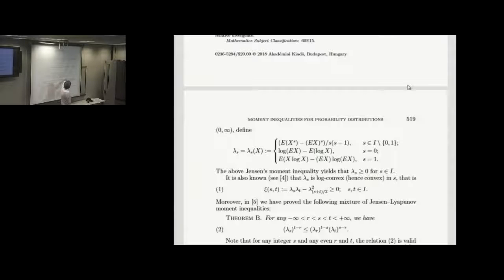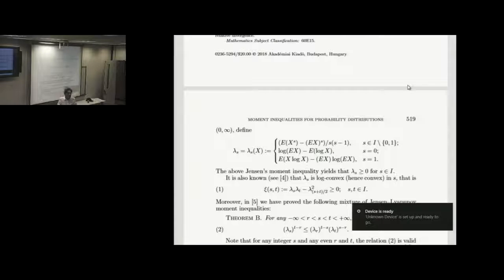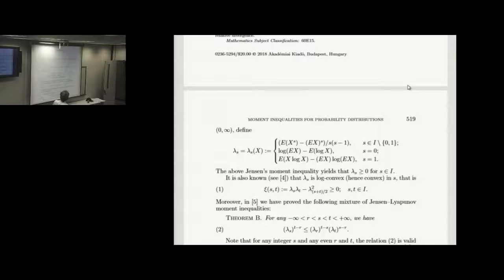When s is 1, it means that s is tending to 1, and this limit is this. So we have a definition of the function lambda for each real s. And it happens that this function lambda has many interesting properties. Let's see.